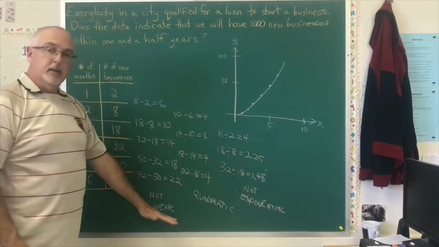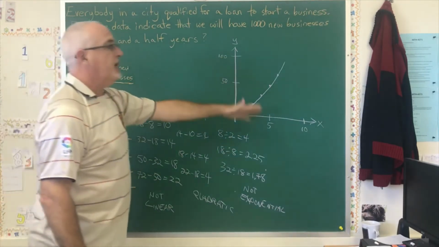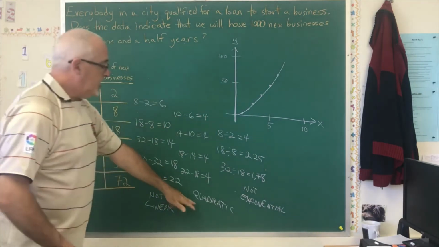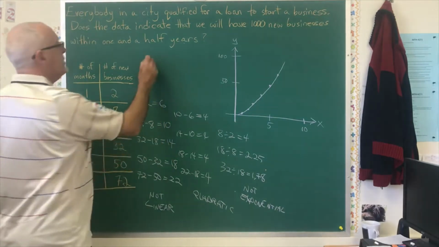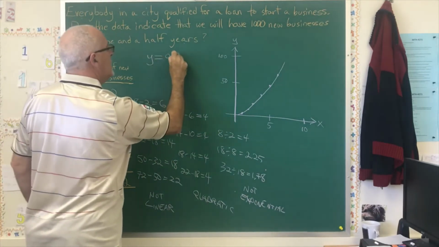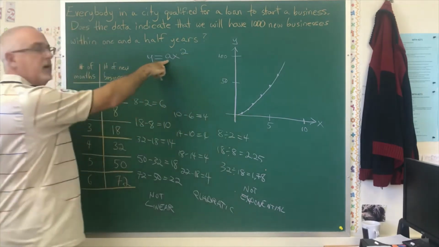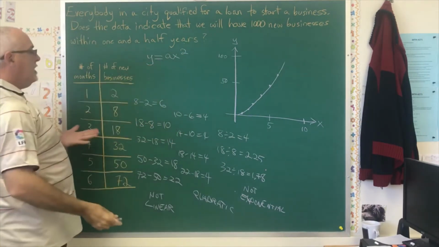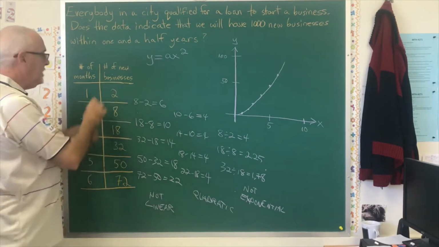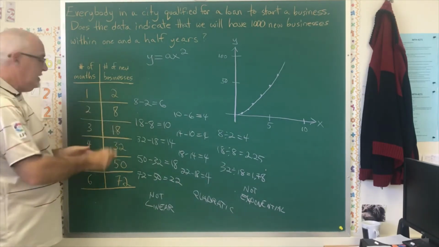Now I've done tests to see what type of function it is, and I've done a graph so that I can see the patterns a little better. Because I've decided it's quadratic, I want to do some quadratic math now. I want to find the equation, and I'm using the form y equals ax squared. So I just need to figure out what my a is. And I'll do that by plugging in one of the points. I'm going to just choose any of the points instead of trying to pick the easiest looking one.